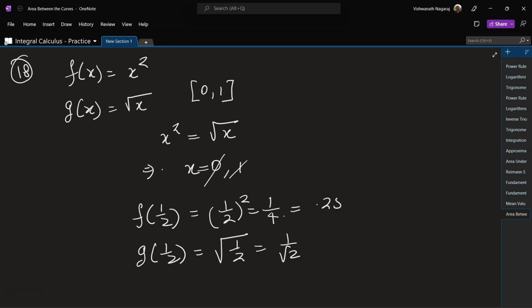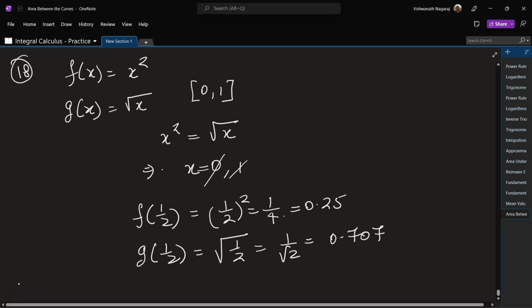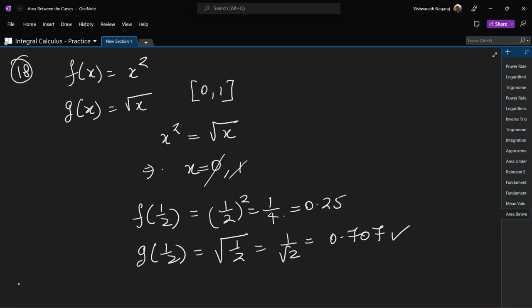This is 0.25 and this is going to be 0.707. So even though it looks as if x square is going to be greater, actually square root of x is greater in this particular interval.